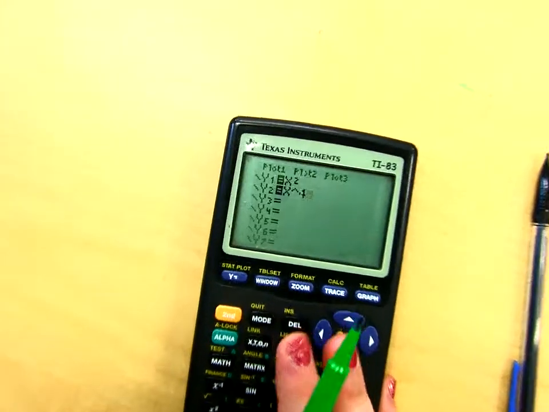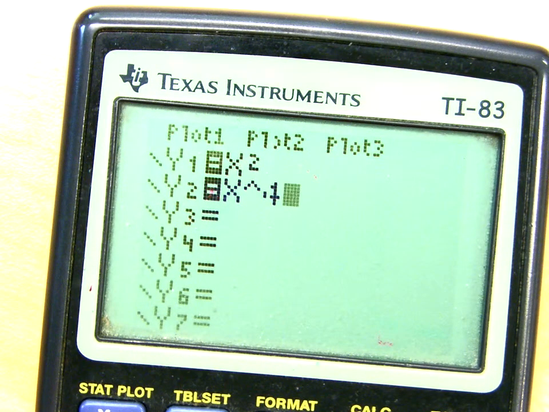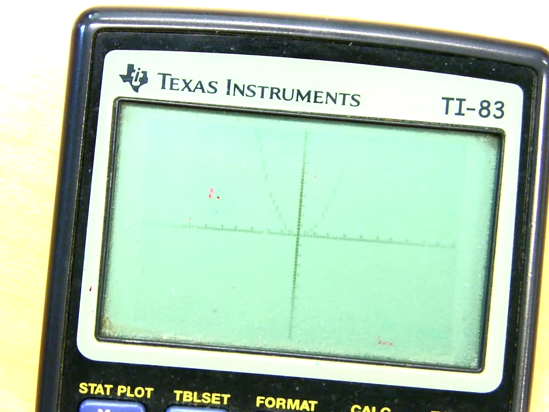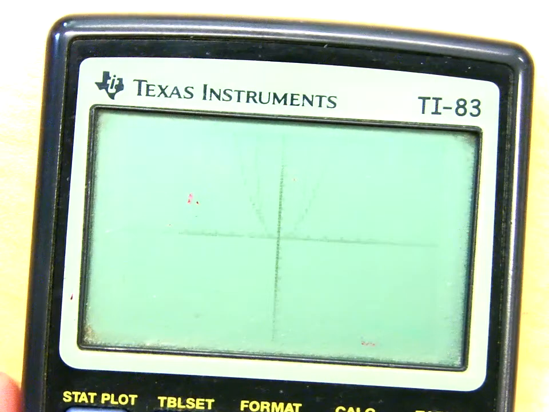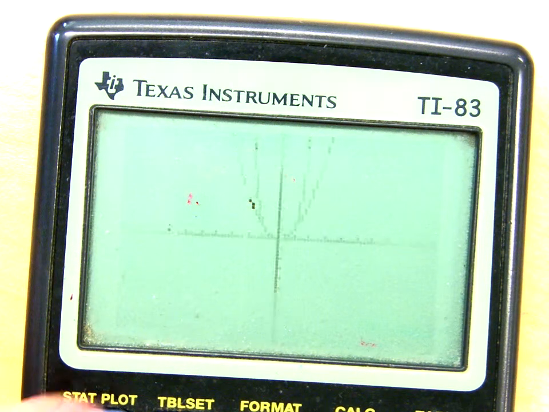Just so you can see what these graphs look like. The first one that's going to come up will be the x squared, and then it'll do the x to the fourth graph. So there's x squared like we're used to. Did it go too fast? Probably. Hold on.